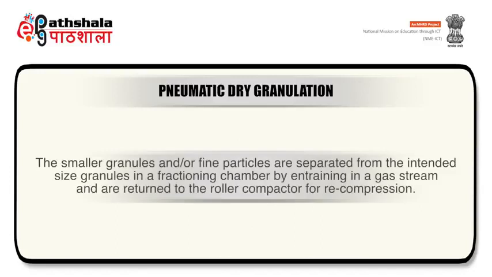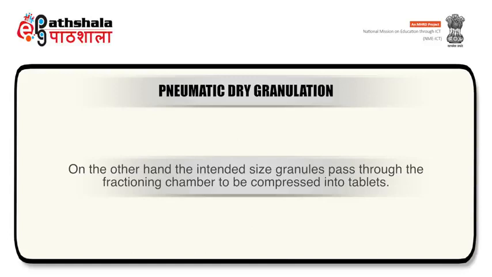The small granules and/or fine particles are separated from the intended size granules in the fractioning chamber by entering a gas stream and are returned to the roller compaction for recompression, also refer to the figure. On the other hand, the intended size granules pass through the fractioning chamber to be compressed into tablets.